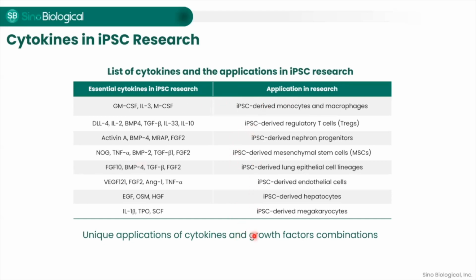And each one of these special combinations of growth factors promotes differentiation of iPSCs into macrophages, regulatory T cells, nephron progenitors, mesenchymal stem cells, lung epithelial cell lineages, hepatocytes, and others.